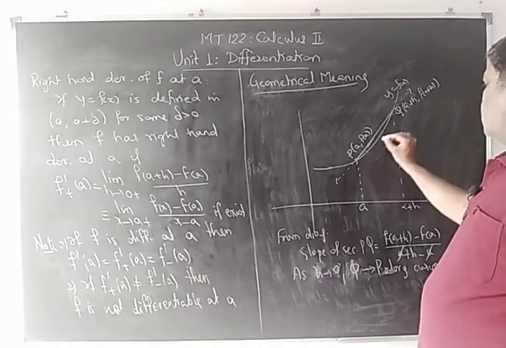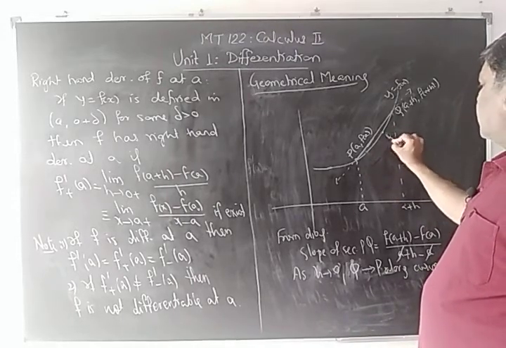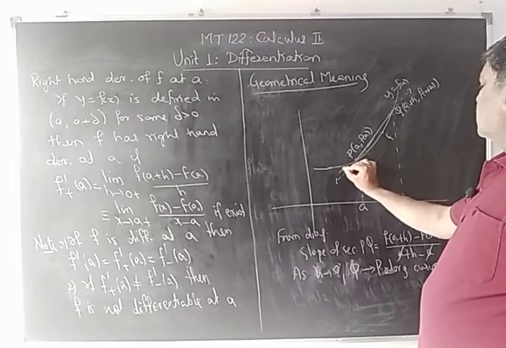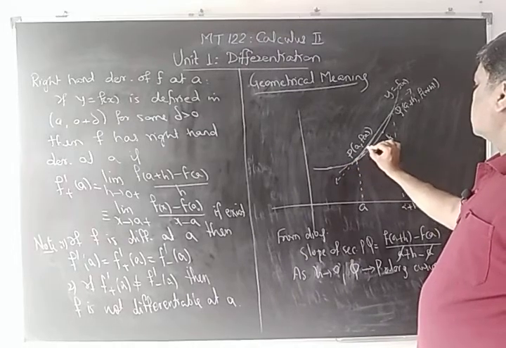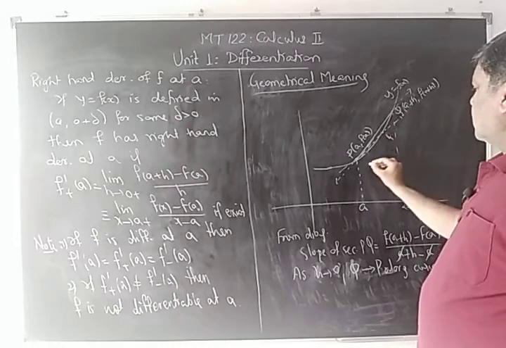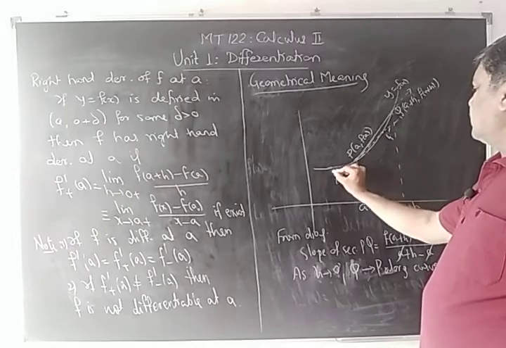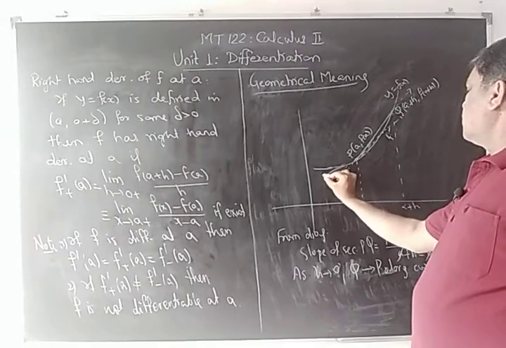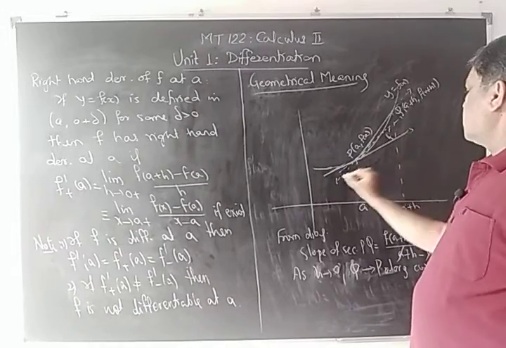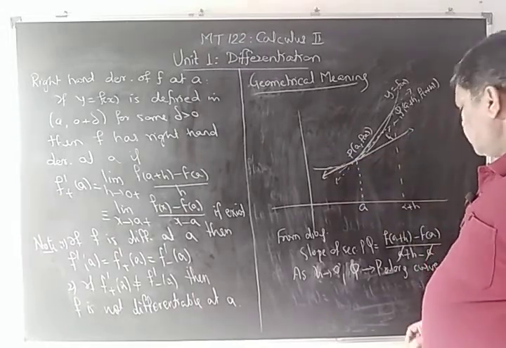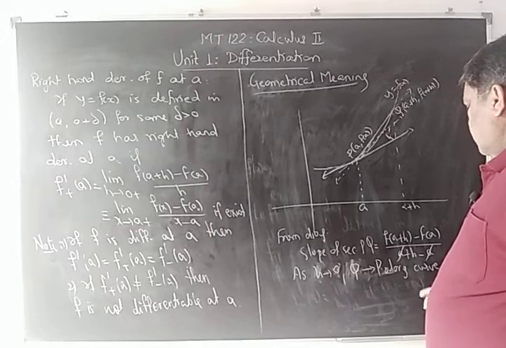Okay, so if I take here Q dash point, and so on, lastly we will get here, along the curve.